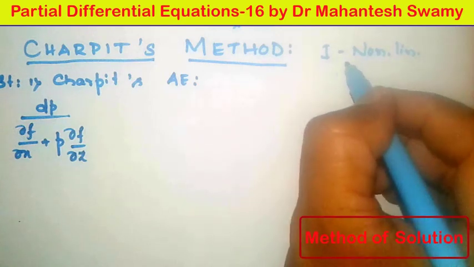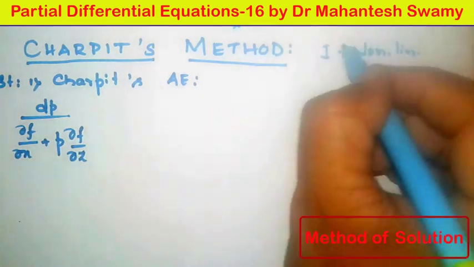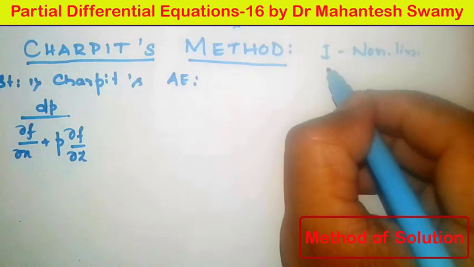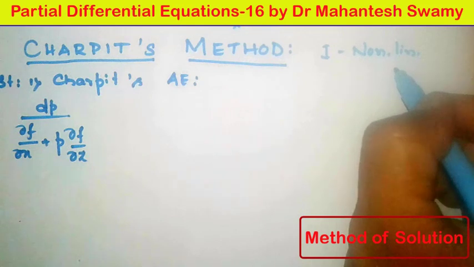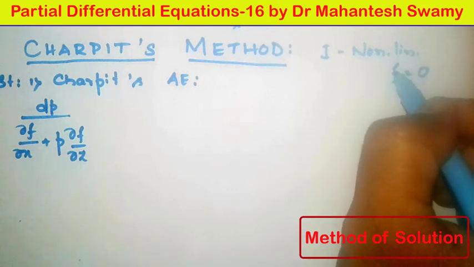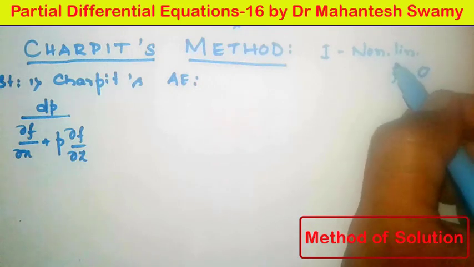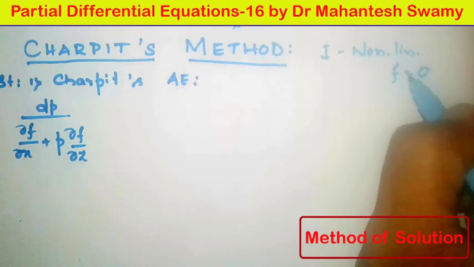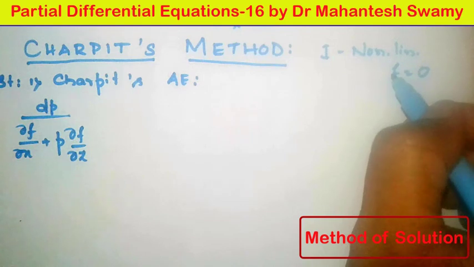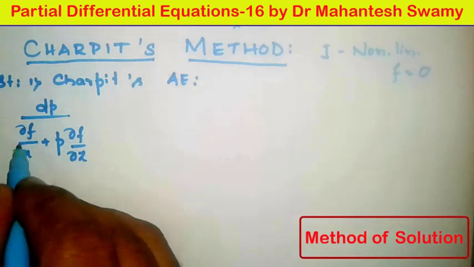F is, see, whatever is the given first order nonlinear partial differential equation, it should be converted in the form of some LHS equal to 0. That is, whatever quantities are there on the right hand side, they must be taken to the left, and it should be in the form of f of some relation between x, y, z, p, q. That is equal to 0. So that entire left hand side should be taken as f, and that is to be taken over here.